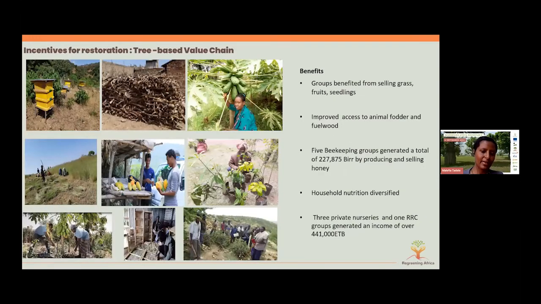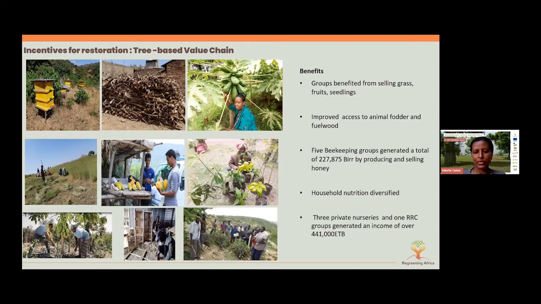When we realize these positive impacts of land restoration in the past 4 years, the key to achieving these restoration goals was incentives. Incentives are really key to motivate the local community and to actively engage community members in land restoration. We realized this at the beginning of the project, and we incorporated a tree-based value chain based on the site potential.